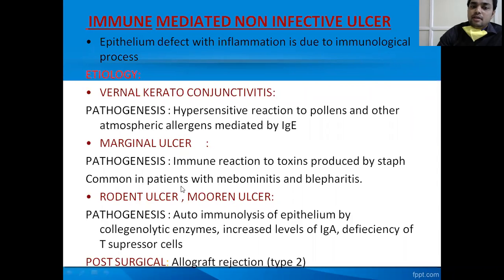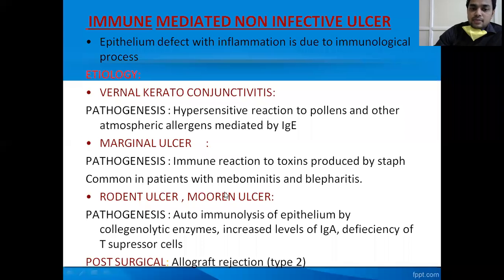As it is an immunological reaction, not because of the infective organism, it comes under immune-mediated non-infective ulcer. It is common in patients with blepharitis, where the common pathogen is staph. So there is an immunological reaction to the toxins of the staph, and that leads to marginal corneal ulcers.